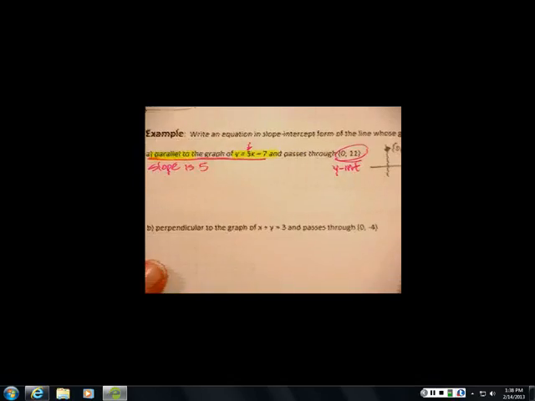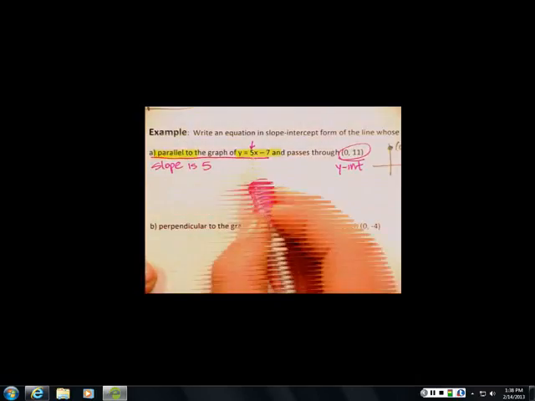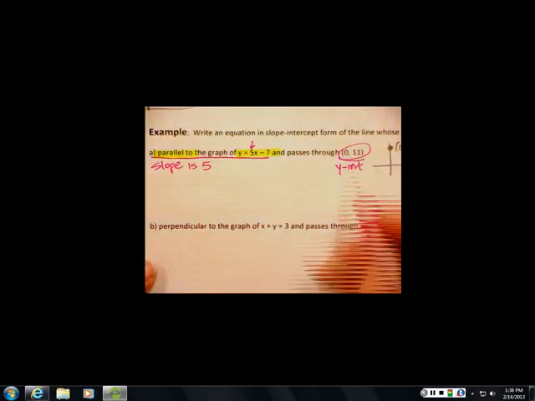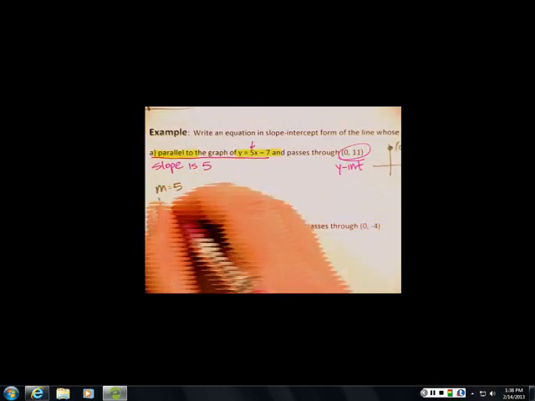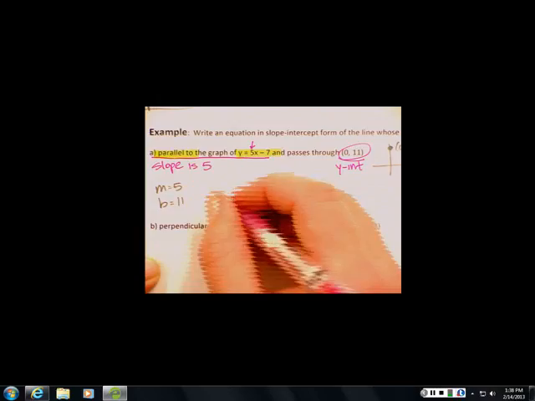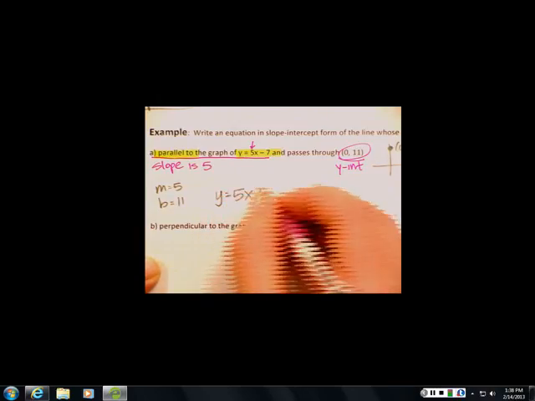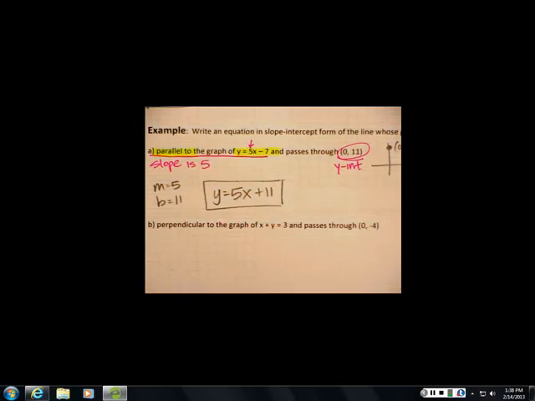So what you've really been given is the information that you need to find the appropriate slope. You've been given the y-intercept. My slope is 5. My y-intercept is 11. My equation, y equals 5x plus 11.